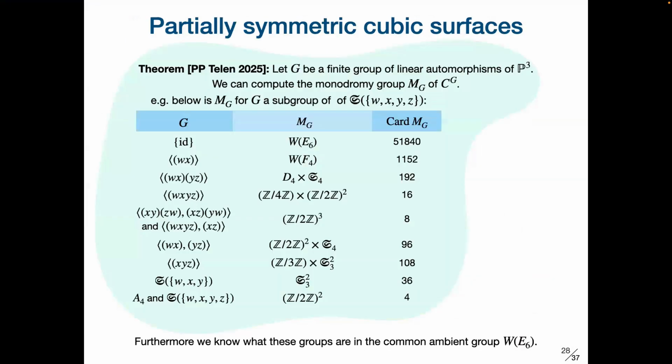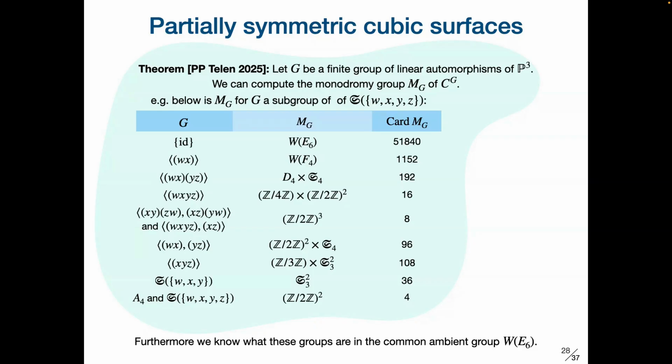So you can do this for cubic surfaces symmetric under all permutations of your variables, but you can also do this for cubic surfaces that have equations that are symmetric under any group of linear automorphisms of this projective three-space. And for example, this table shows all the subgroups of the group of permutations of all the variables up to conjugation.